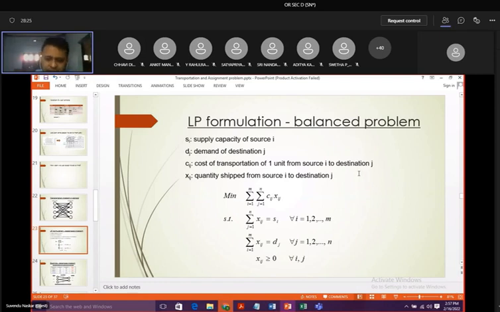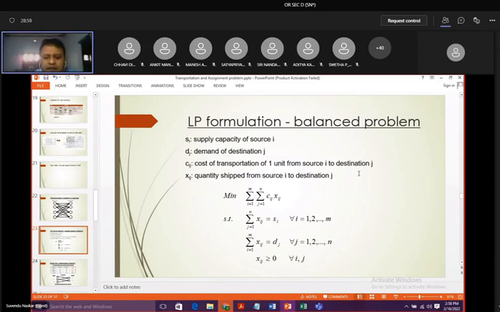Just the matrix that I have shown. What was the value of m in the picture that I have just now shown a couple of seconds back? 3. Correct. Okay, such that summation of xij is exactly equal to Si and summation of xij equals Dj, and in the balanced case, as your friend has mentioned, sum of all Si is equal to sum of all Dj's, but that is not a constraint as such.